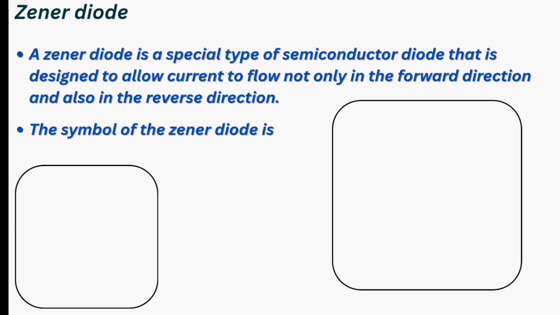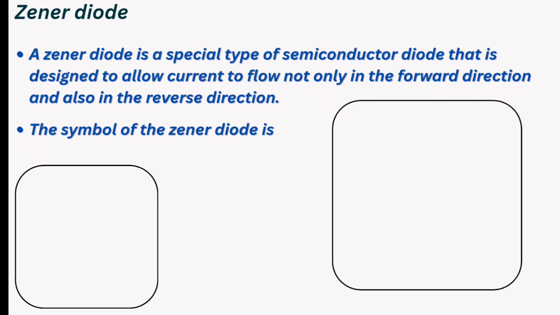So that is the drawback of the normal PN junction diode. To overcome that drawback, they specially designed the zener diode, which can easily operate under the reverse bias condition.